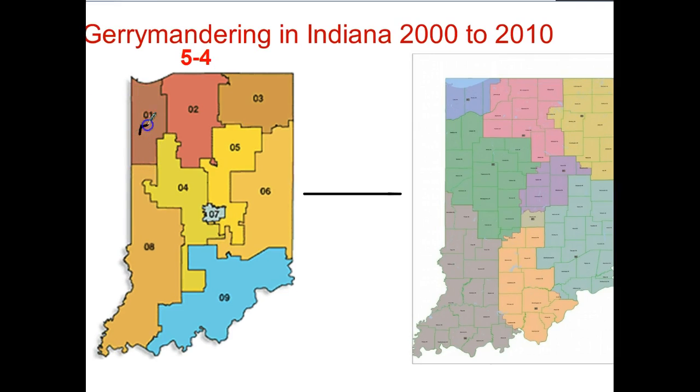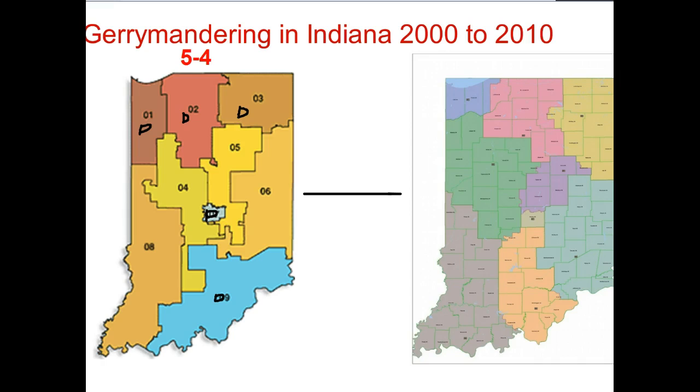We had a Democrat, a Democrat, a Democrat, a Democrat, and a Democrat. And then through the central part of the state, we had Republican districts.